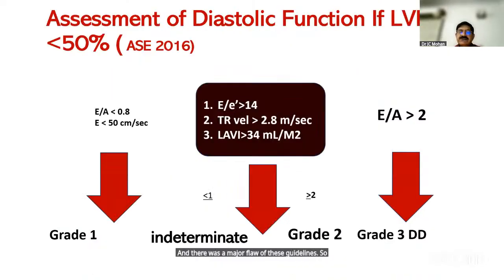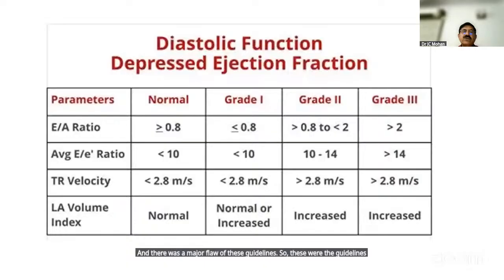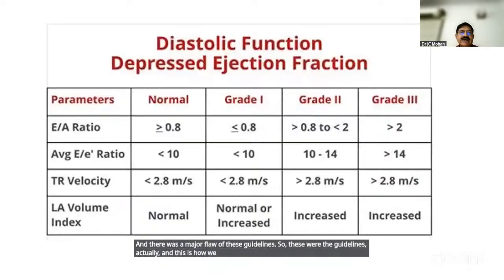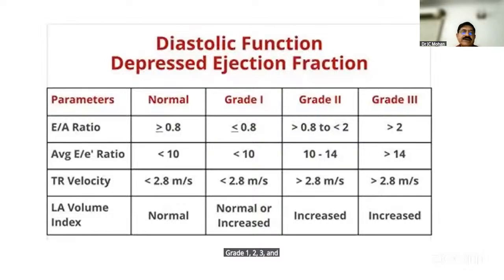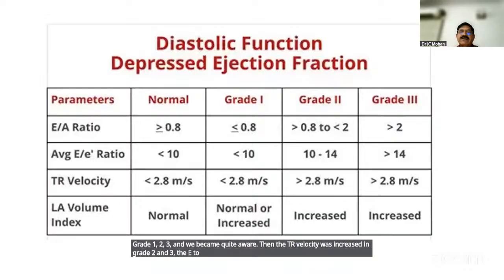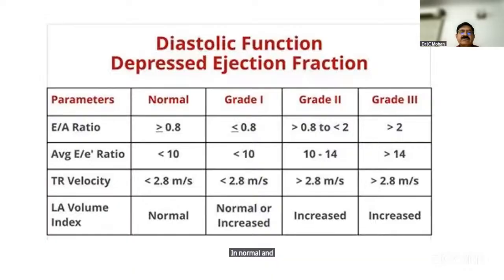So these were the guidelines, and this is how we graded diastolic function, grade 1, 2, 3, and we became quite aware that the TR velocity was increased in grade 2 and 3. The E to E prime was more than 10 in grade 2 and grade 3. In normal and grade 1, it was less than 10. And LA volume was increased mostly in grade 2 and grade 3.